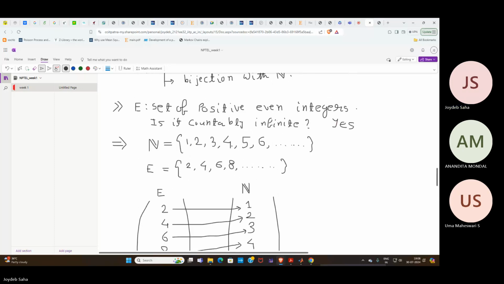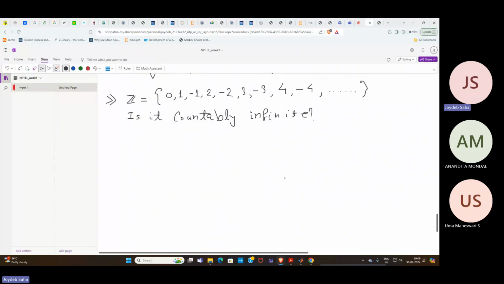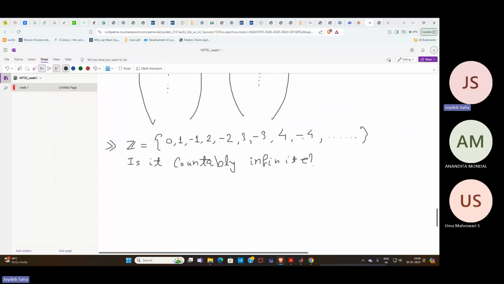Let us say this was the first question. E was the set of all positive even integers. So we could write f of n is equal to 2n, right? This we can write, f of n is equal to n squared. Now, what about this? There are two questions.